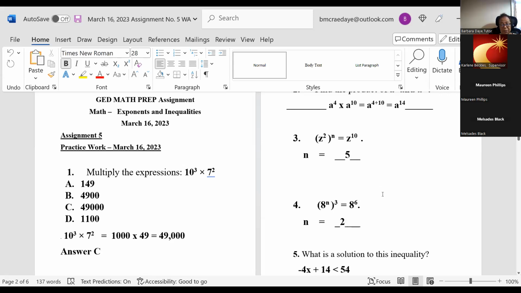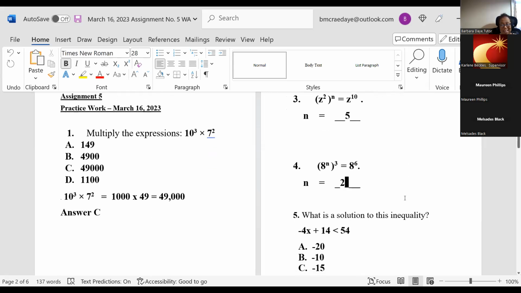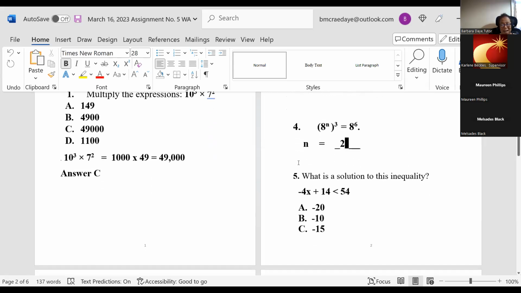So Maureen, you clear on those when you have a variable? You just look at what you have and say, I know my rule. I have to multiply. So 10 divided by 2 is 5. And here I have a 6, and I know I have to multiply. So 6 divided by 3 is 2. Got it?